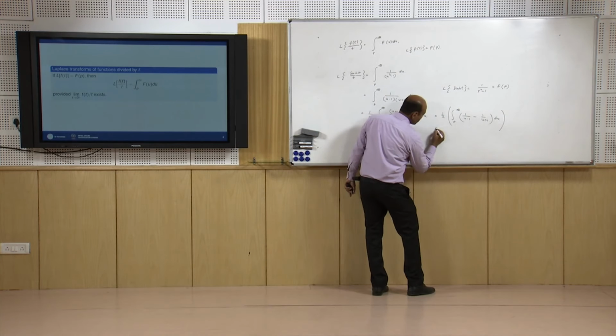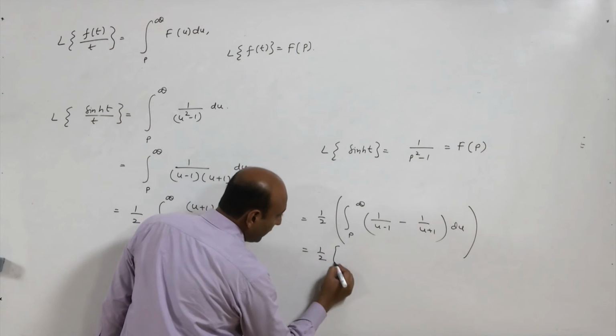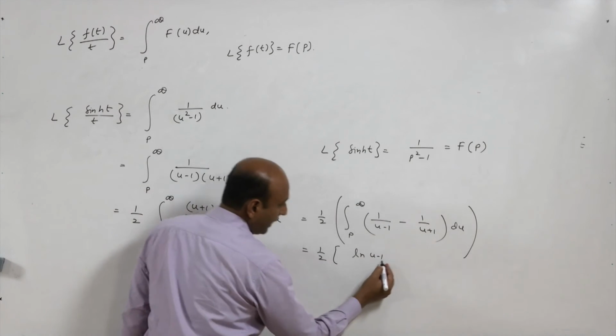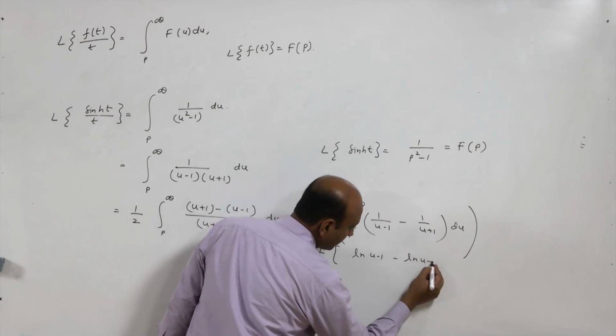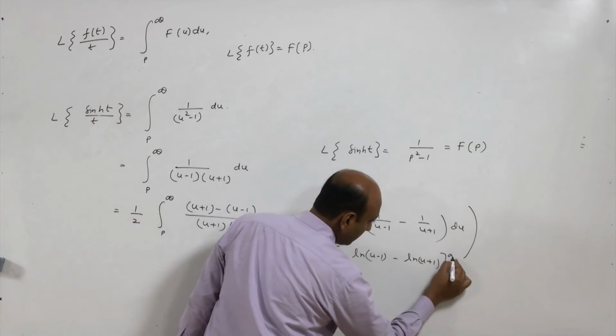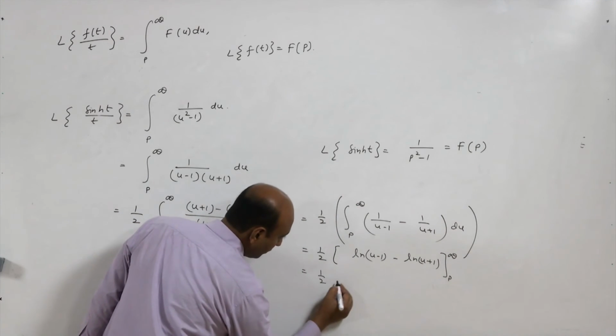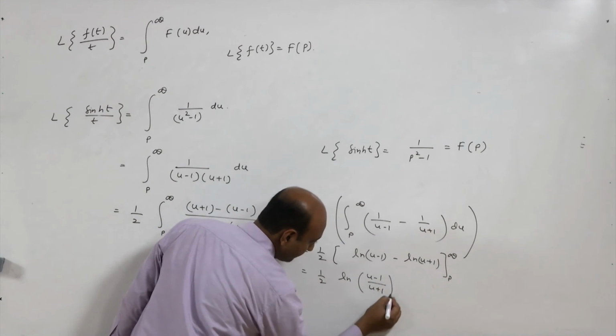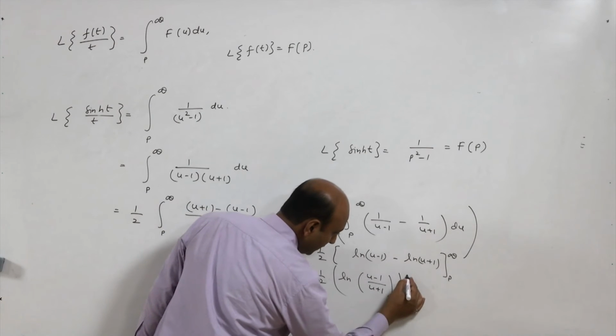So, this is equal to 1 by 2. Now, the integral of this is ln(u minus 1) and the integral of this is ln(u plus 1), from p to infinity. So, this is 1 by 2 ln of (u minus 1) upon (u plus 1) from p to infinity.